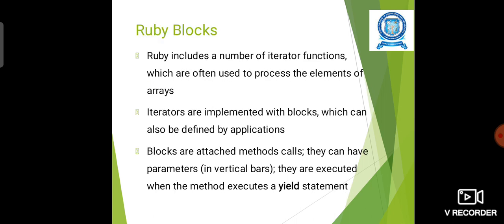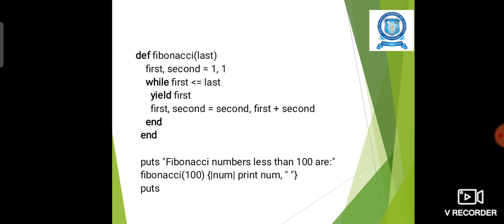Ruby blocks. Ruby includes a number of iterator functions which are often used to process the elements of arrays. Iterators are implemented with blocks which can be defined by applications. For example, this is a function. The name of the function is Fibonacci, with only one parameter, last, and the function is doing some operation, that is, the Fibonacci series values will be calculated in the function.